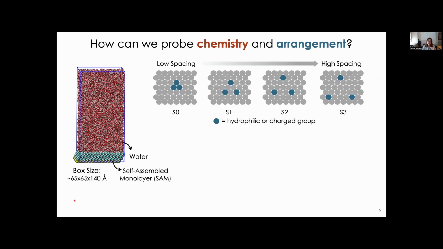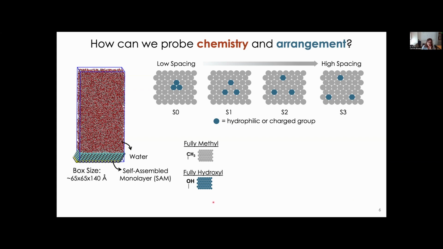And so we'll look at a series of different spacings of hydrophilic groups on hydrophobic backdrops. Here you can think about these gray dots as corresponding to hydrophobic or methyl SAM strands, and the blue dots correspond to hydrophilic or charged groups. We'll look at four different spacings, S0, S1, S2, and S3, where we're looking at increasing spacings between these different groups.